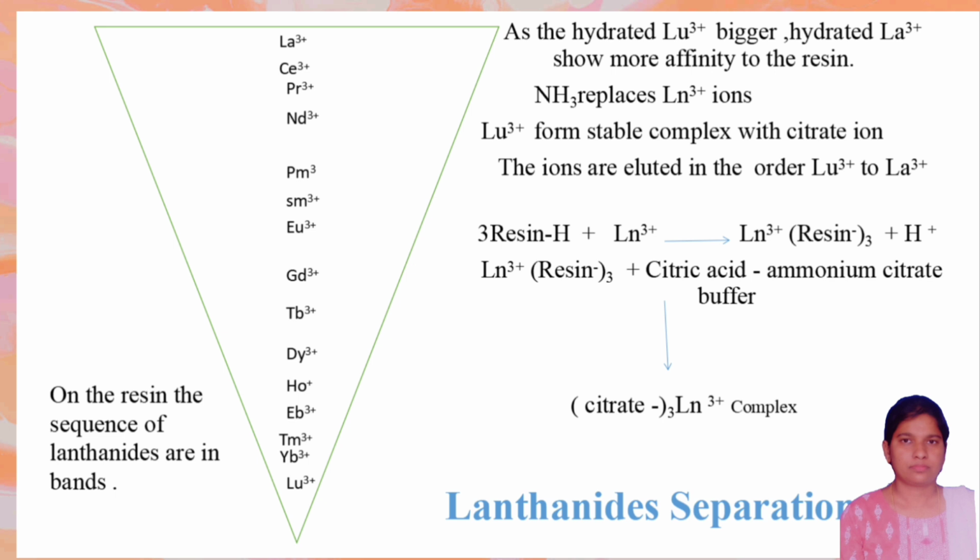By using citrate buffer of citric acid and ammonium citrate, the ammonium ions replace the lanthanum 3 plus ions and the citrate ions form stable complexes with small size lutetium 3 plus ions and thereby the lutetium 3 plus ions get eluted fast from the column.